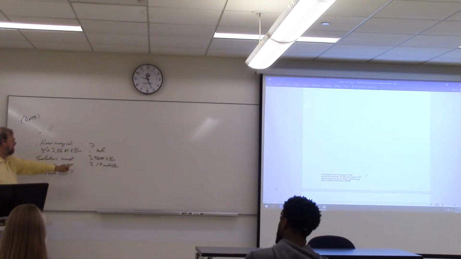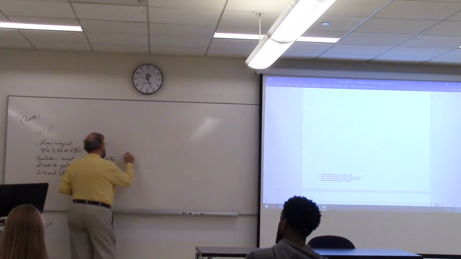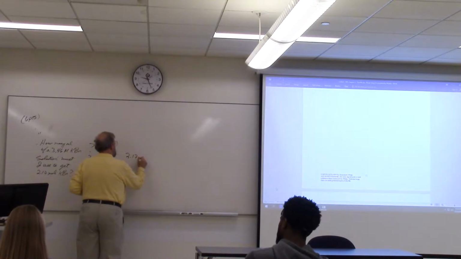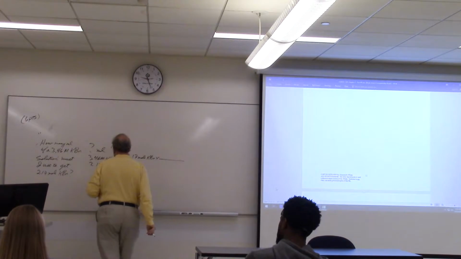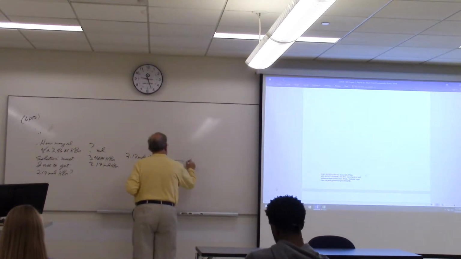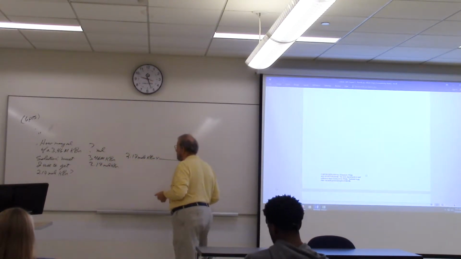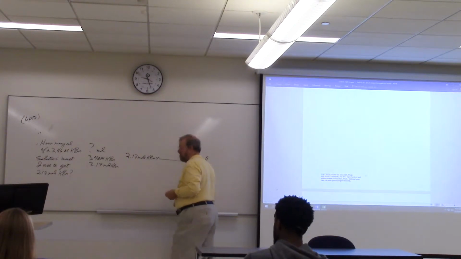So what do we really have to work with? This right here, I have 2.17 moles KBr. What am I trying to get to? And the answer is, I'm trying to get to milliliters.